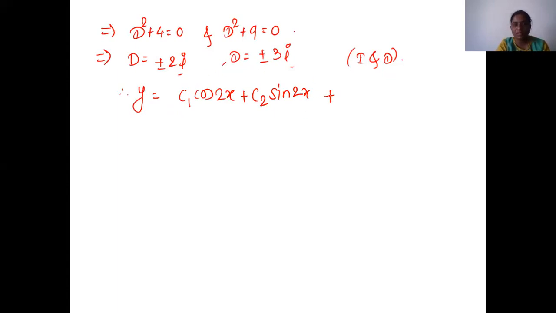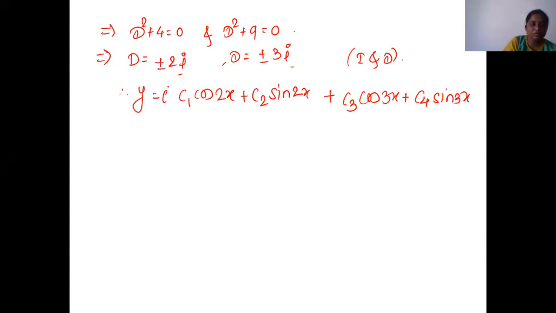Now for this, once again, e raised to 0x. It is okay that we cannot write e raised to 0 as the value is 1. Plus, can you tell me? C3 cos 3x plus C4 sin 3x. Correct. Very good.